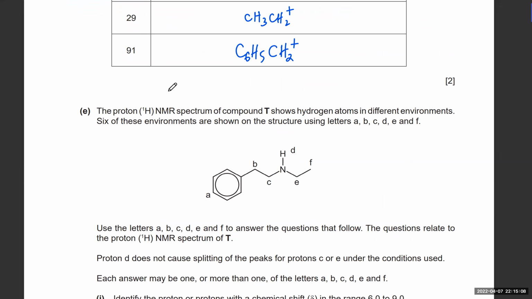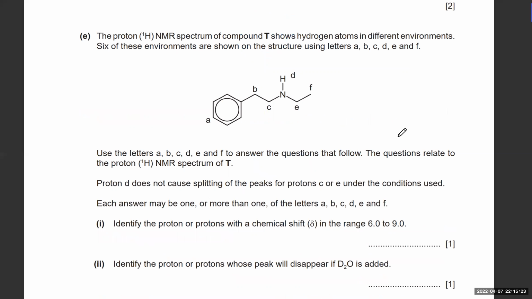Now you have got an H NMR spectrum. The compound T shows hydrogen atoms in different environments. Six of these environments are shown on the structure using letters A, B, C, D, E and F. Use them to answer the following. The questions relate to the proton NMR spectrum of T. Proton D does not cause splitting of the peaks for proton C or E under the conditions used.